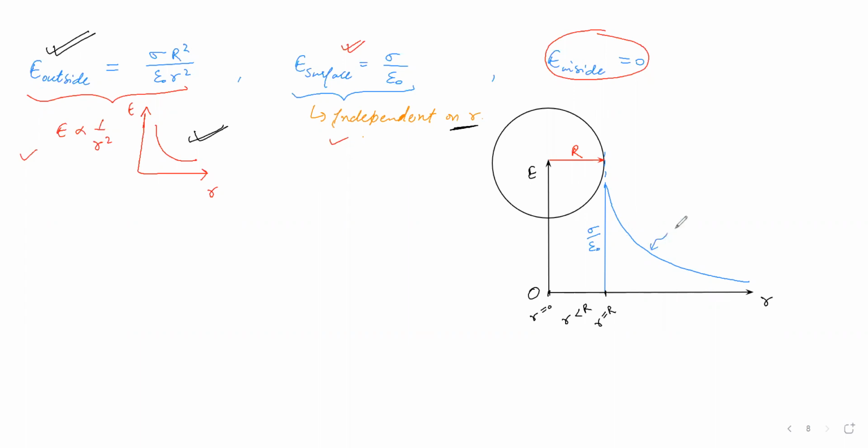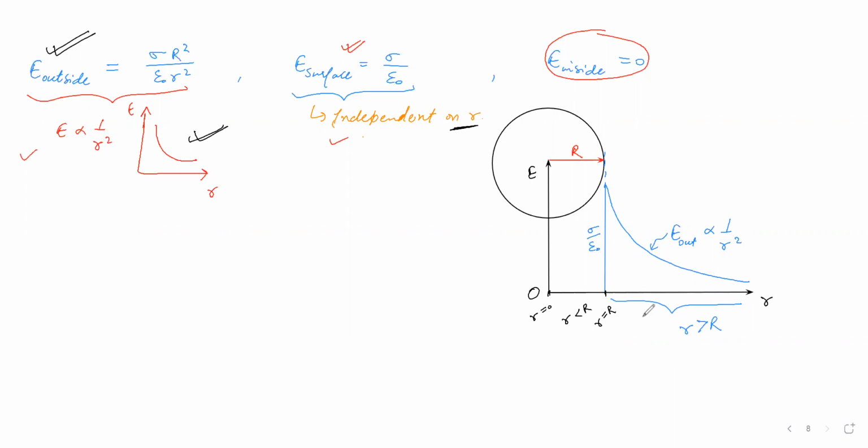This curve represents E is inversely proportional to r square. I mean E outside, you can also mention here E out, which is inversely proportional to r square. And this region is small r greater than capital R. Are you clear or not?